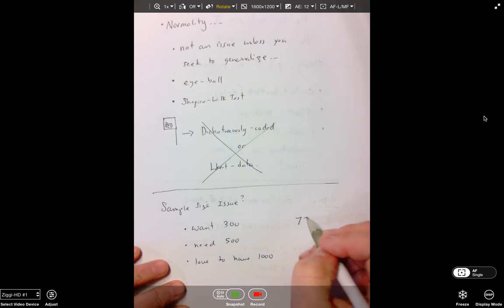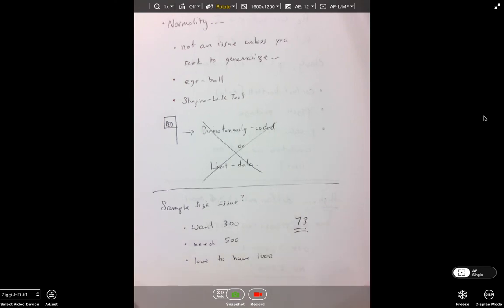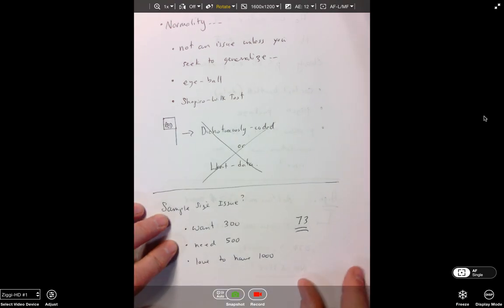Okay? We have 73. So you do the math. So is there a sample size issue? Yes. But the good news is once we get into this reduction process, there's a measurement that we can look at that actually tells us whether or not that sample size seems to be problematic with our structures.